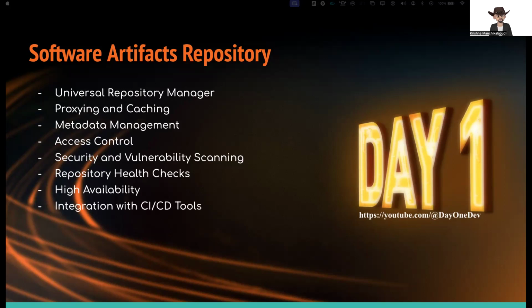And as I called out previously, some of our tools like Jenkins require seamless integration with the popular CI/CD tools, Jenkins, ArgoCD, TeamCity, Harness, or GitLab CI/CD, also enabling automated artifact management and deployment workflow.